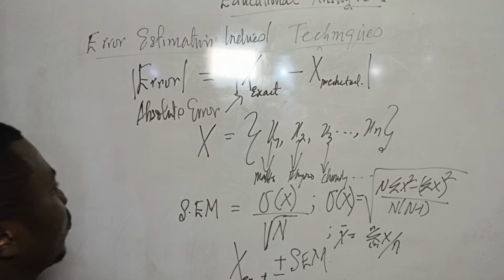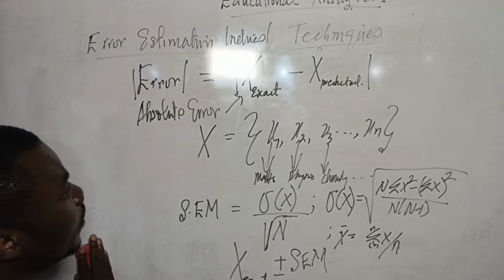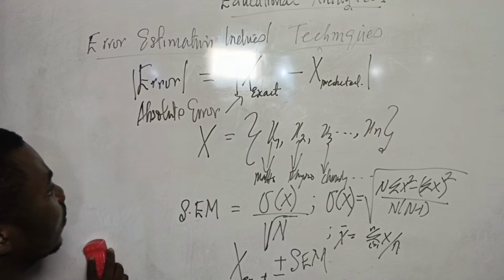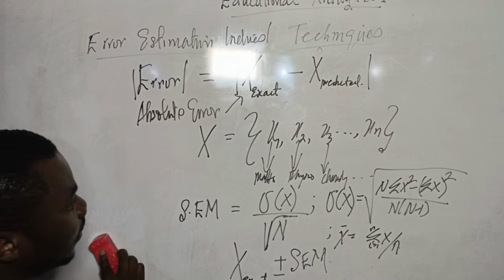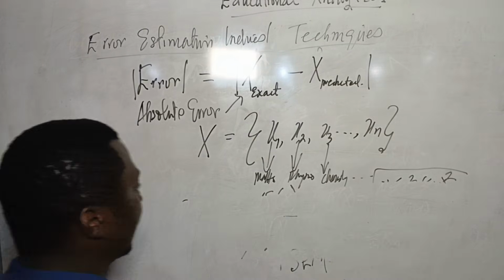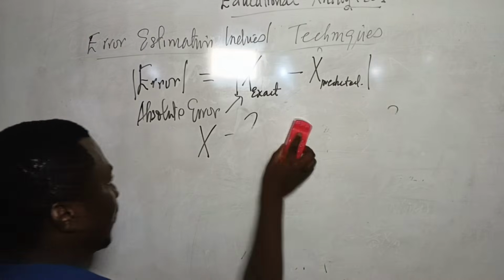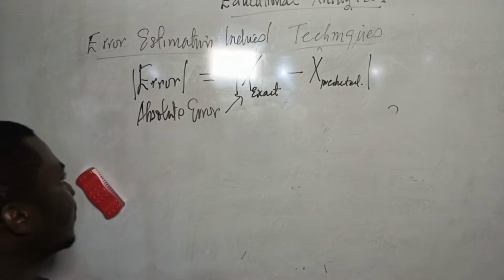In a similar situation, we can also have the percentage absolute error in the measurement. This is a typical example in a scientific measurement.